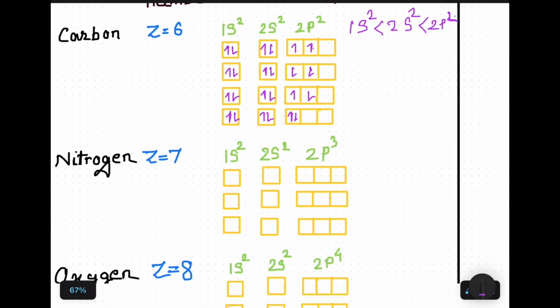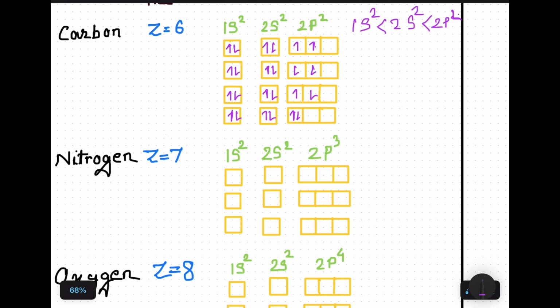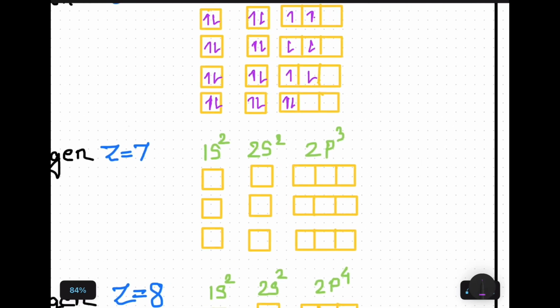Now we can see for nitrogen, its atomic number is 7 and the electron configuration is 1s2, 2s2, 2p3. For nitrogen also the 1s2 orbital will fill first, then 2s2, and the 3 electrons of 2p will fill 1 in each orbital.